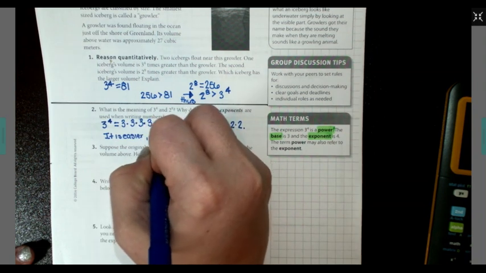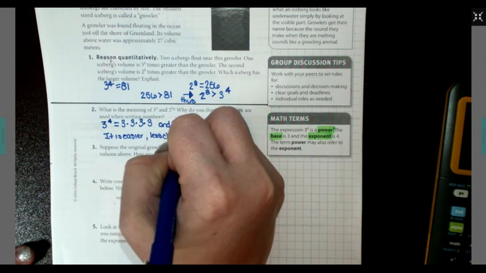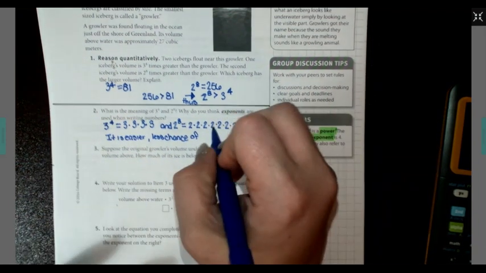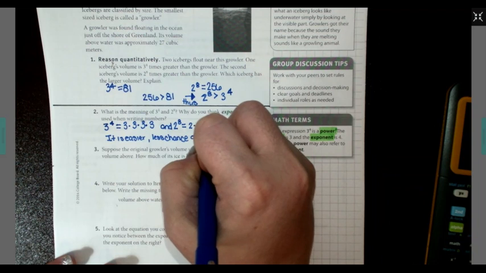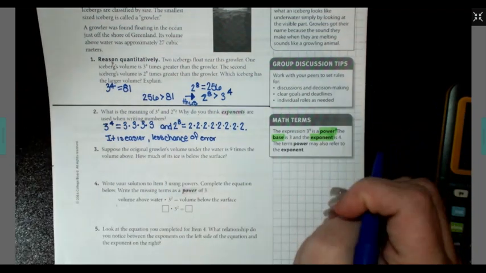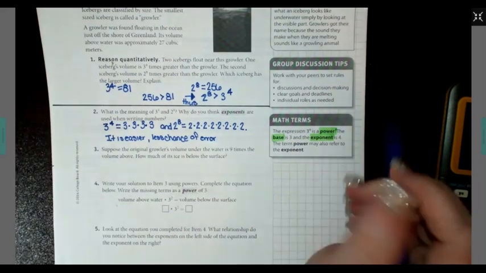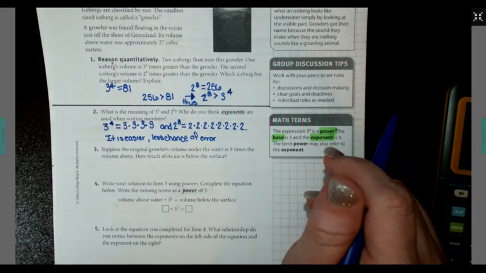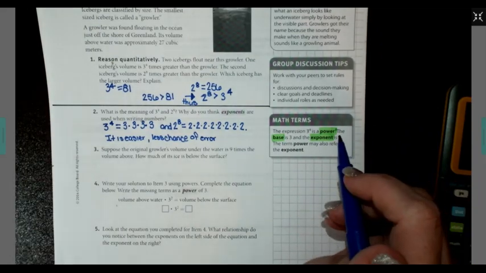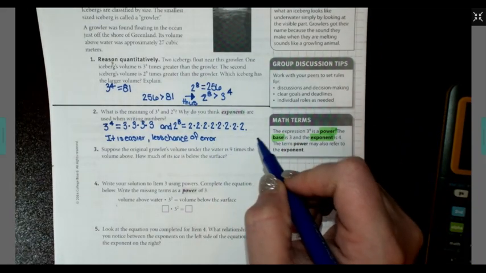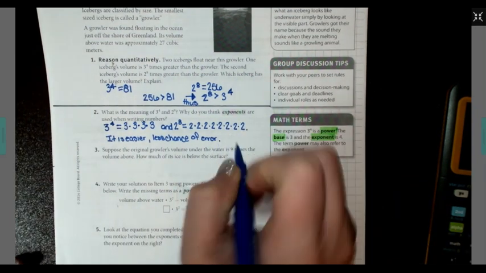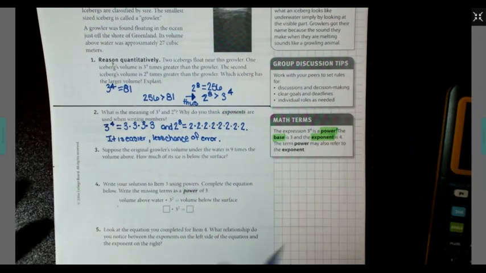Less chance of error, because we might not write enough of the number if I tried to do all these twos written out. Notice I had to pause each time. I had to keep count, kind of, in my head of how many twos I had written to make sure I wrote enough. Okay? But the list could go on and on.